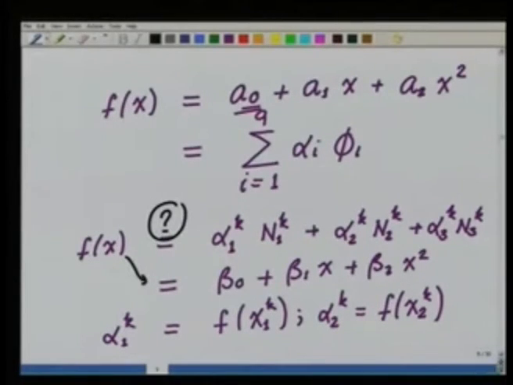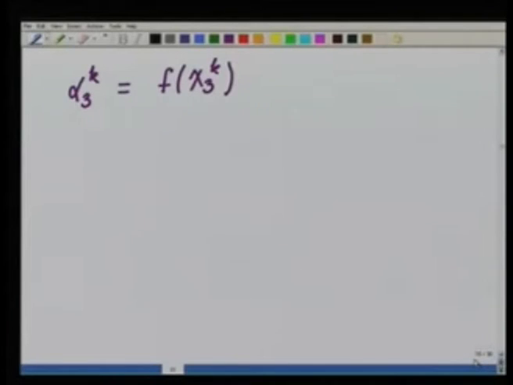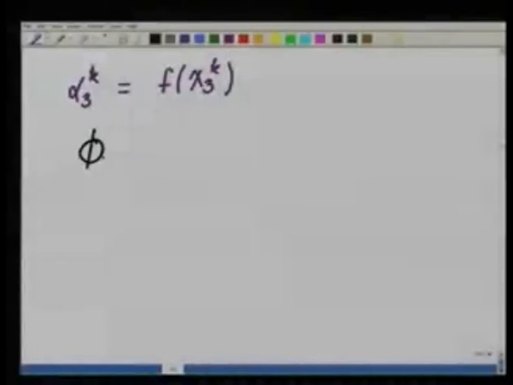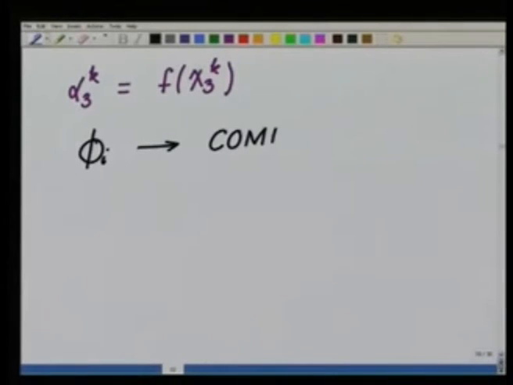This is a simple algebraic exercise, and one can show that indeed this linear combination of these three functions exactly reproduces a quadratic polynomial defined in the element and thus in the whole domain, which means that the set of functions phi i represents a complete set. So in the construction of these phi i's, one has to be very careful. One cannot arbitrarily define the function phi i as we wish.